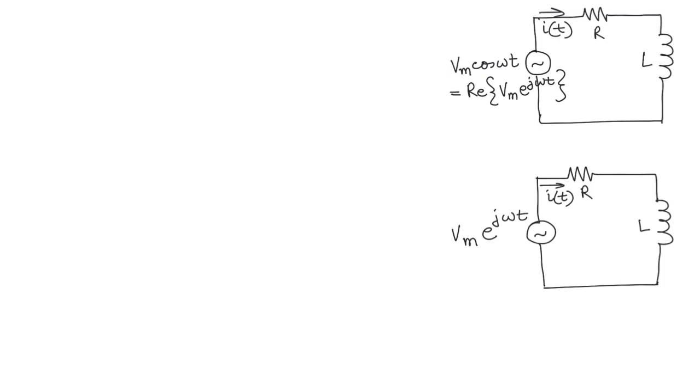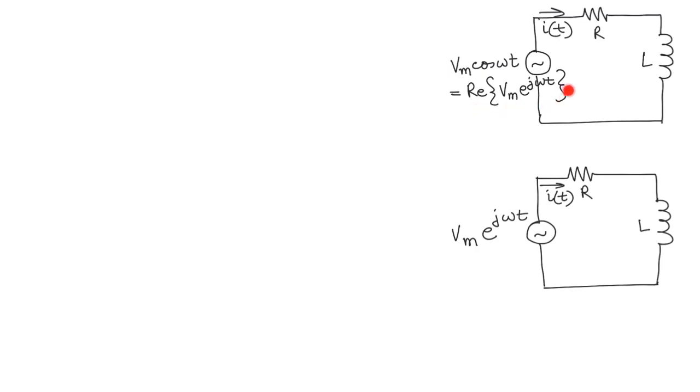Okay, what we have been doing in the previous few videos is looking at the current in this RL circuit when we apply a cos voltage to the circuit, right? Now, as we were talking about in the last video, this Vm cos omega t is the real part of Vm e to the power j omega t, right?